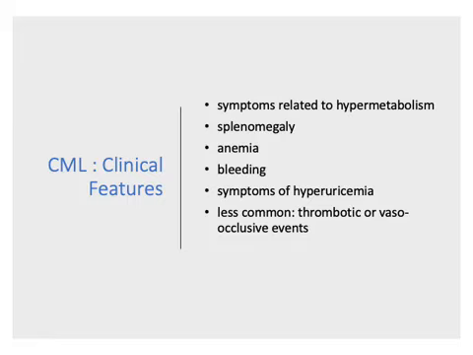In those cases where the disease presents clinically, the following features may be seen: symptoms related to hypermetabolism, splenomegaly, anemia, bleeding, symptoms of hyperuricemia that may lead to gout, and less commonly thrombotic or vaso-occlusive phenomena that may lead to visual disturbances and priapism.